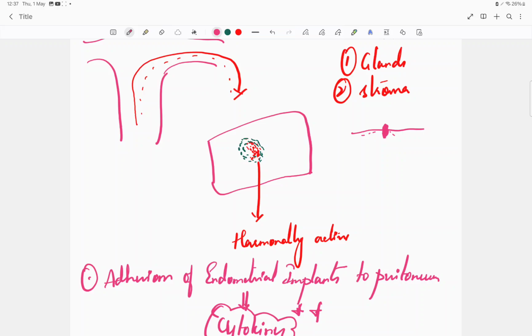Now there should be a standard landmark for how much is called deep.